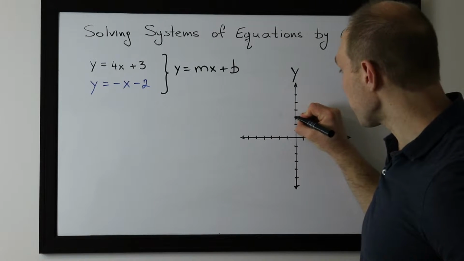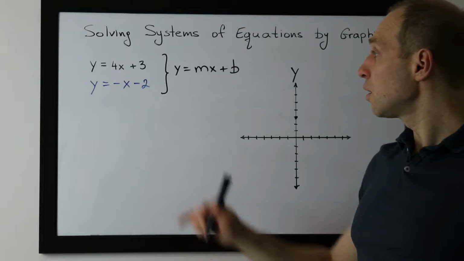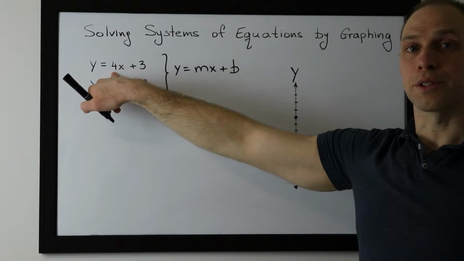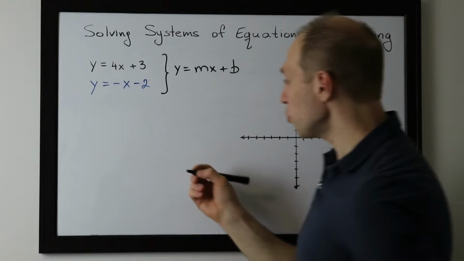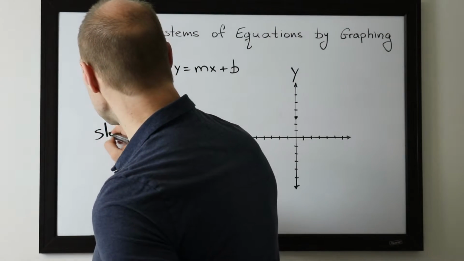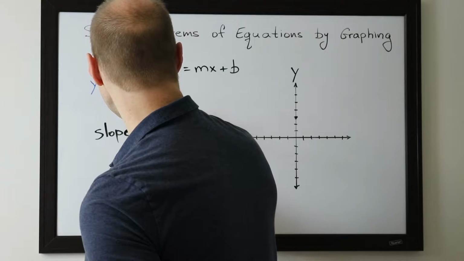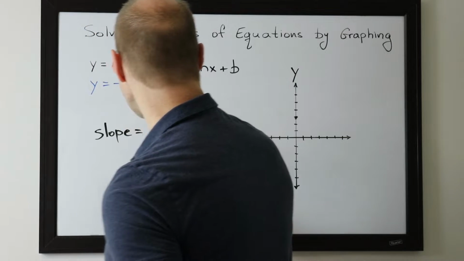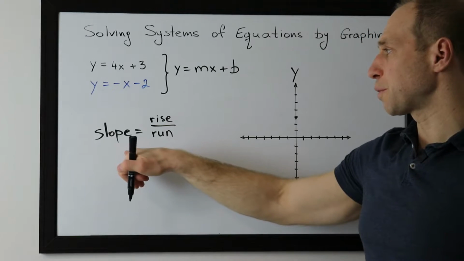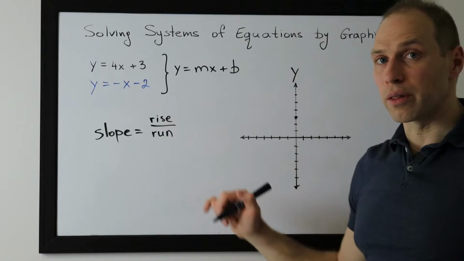Then from this point, we're going to begin our count. We're going to look at the number that represents our slope, which is usually represented as rise over run.